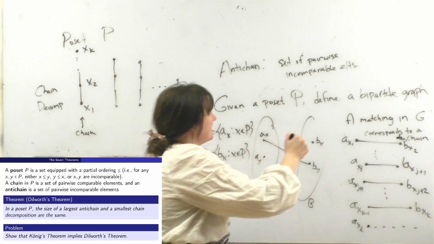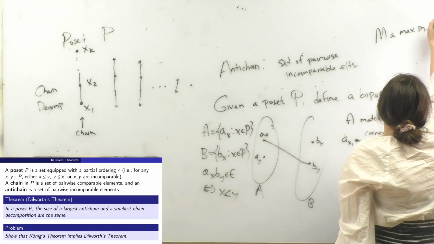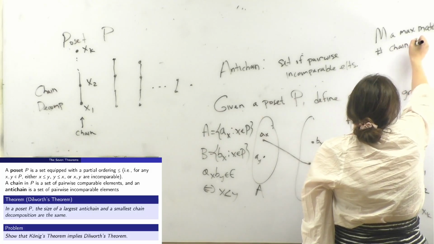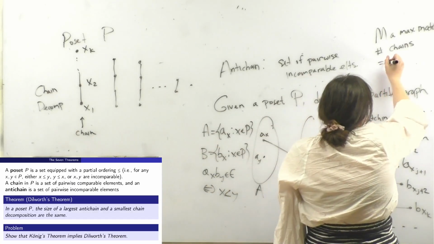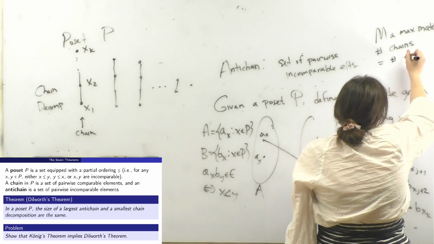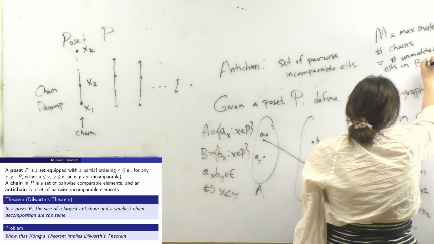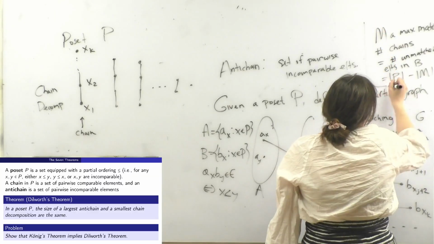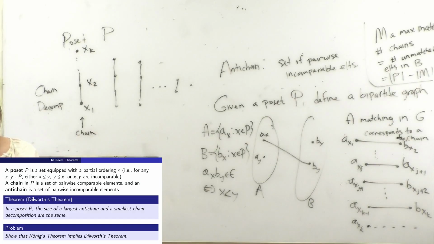So if I take a max matching, the number of chains in the decomposition that corresponds to my max matching is the number of unmatched elements in B, which is just the size of my poset, because that's how many elements are over in B, minus the size of my matching.